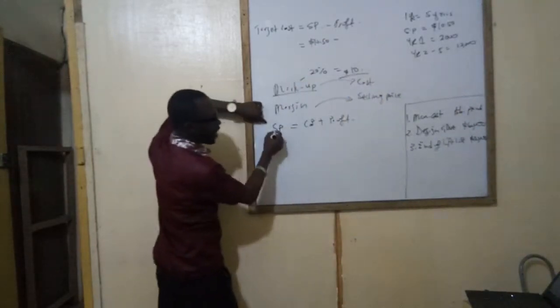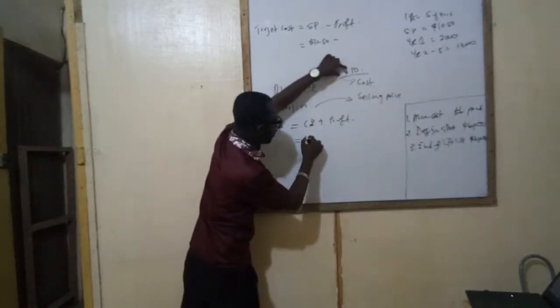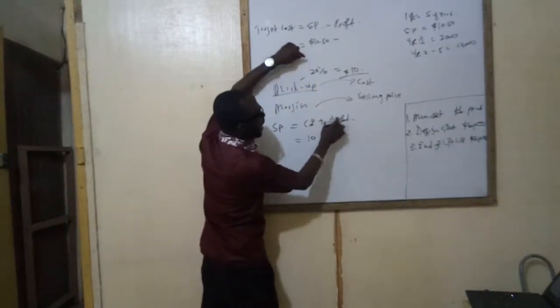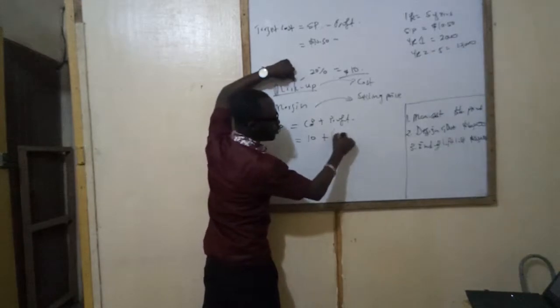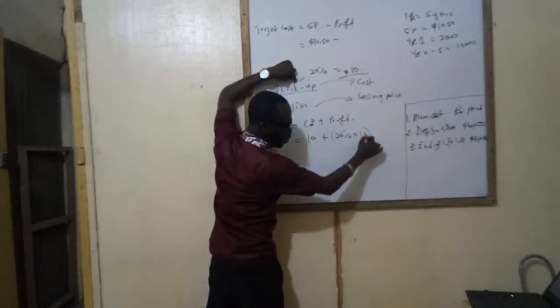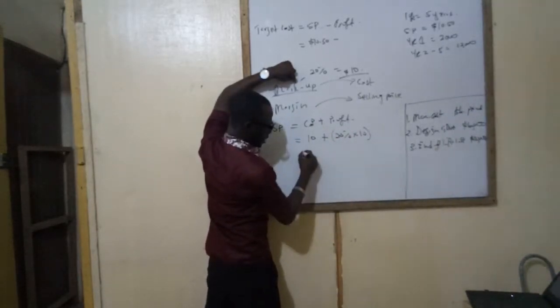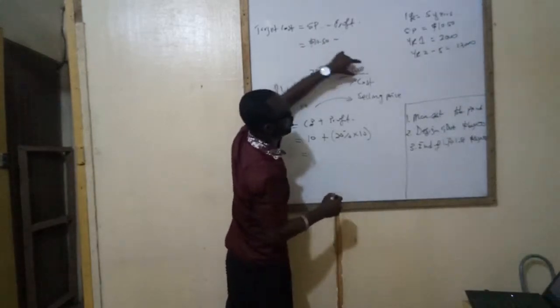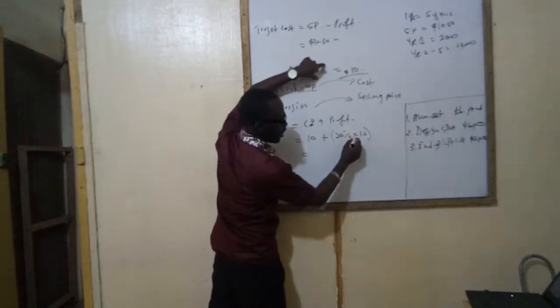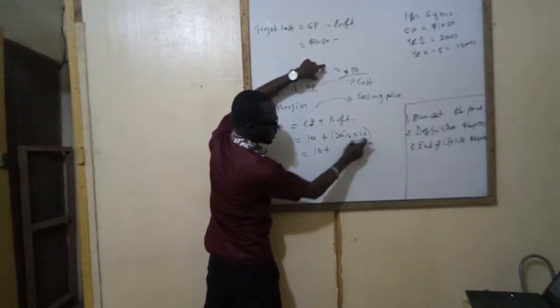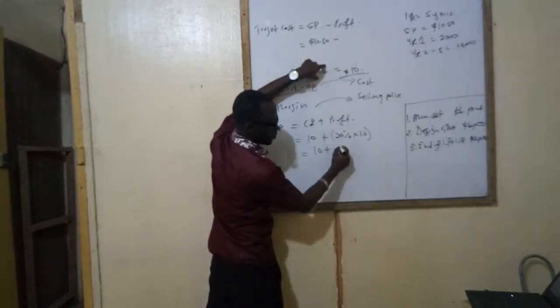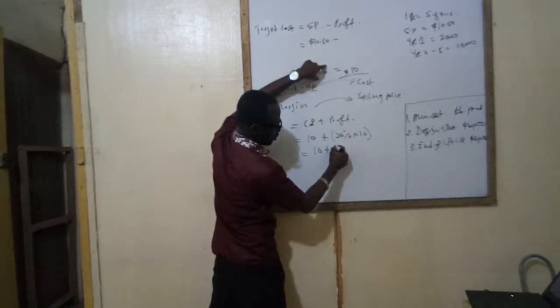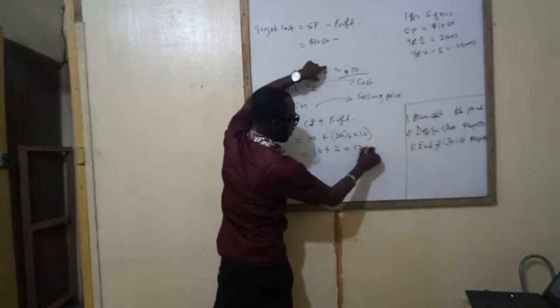So in this case, our selling price will be the cost, 10, plus the markup. Since it's the markup, it will be 20% of 10. Sounds good? I'm just using a preamble here. So what do we have? 10 plus 20% of 10. That should be 2. Let me confirm.